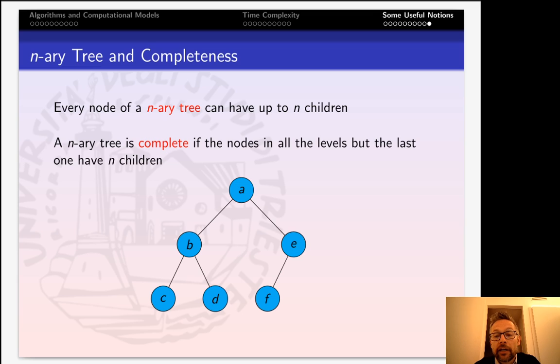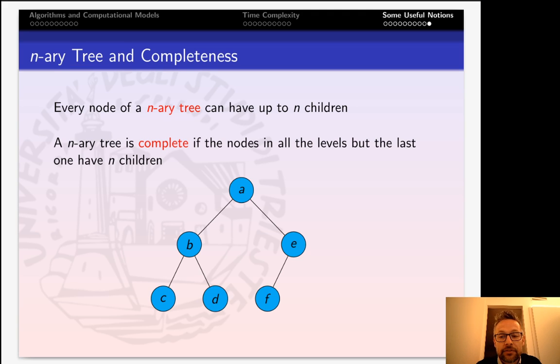Great. And finally, and this is really the last notion I want to recap, the notion of complete tree. So what's a complete tree? A complete tree is a tree in which all the levels but the last one have n children, okay? So we are dealing with an n-ary tree, so in this case a binary tree.